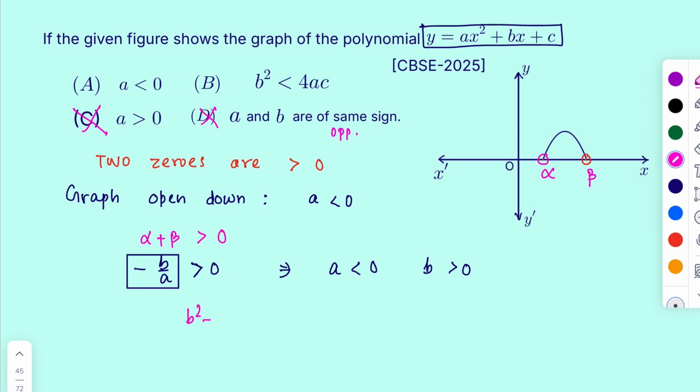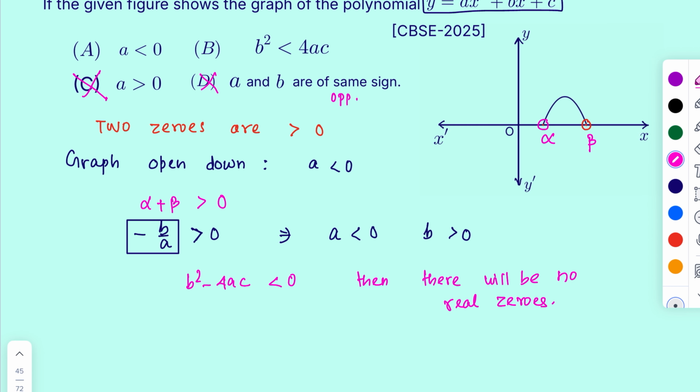Next is b square is less than 4ac. If b square minus 4ac is less than 0, then there will be no real zeros.